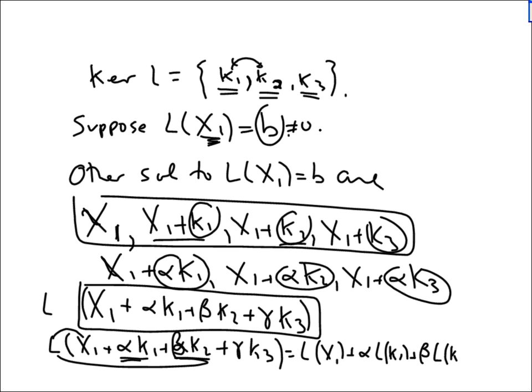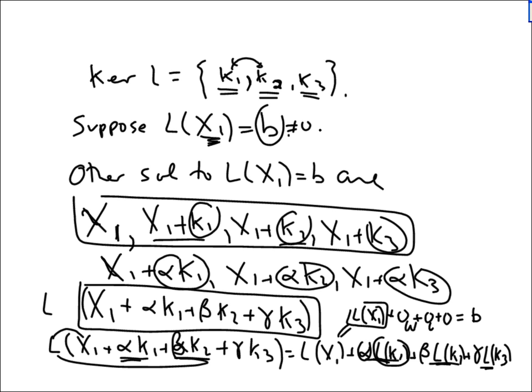Beta times L of k2 plus gamma times L of k3. But the last three terms are the 0 vector. A 0 vector times alpha is a 0 vector. You get L of x1 plus the 0 vector, again the 0 vector, again the 0 vector, which is just little b. L of x1 is b, and you're just adding the 0 vectors.